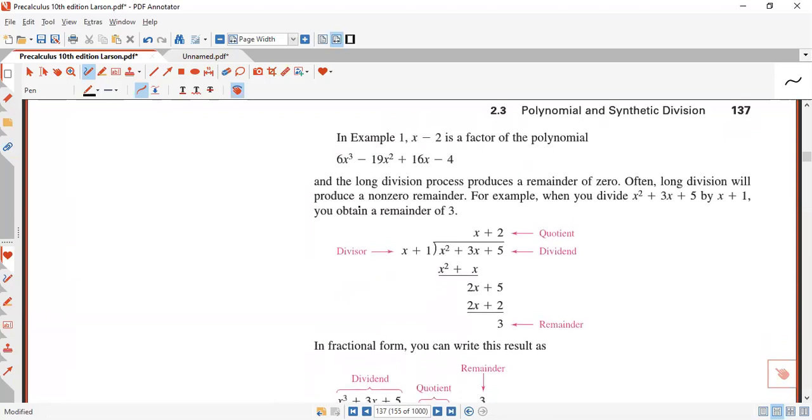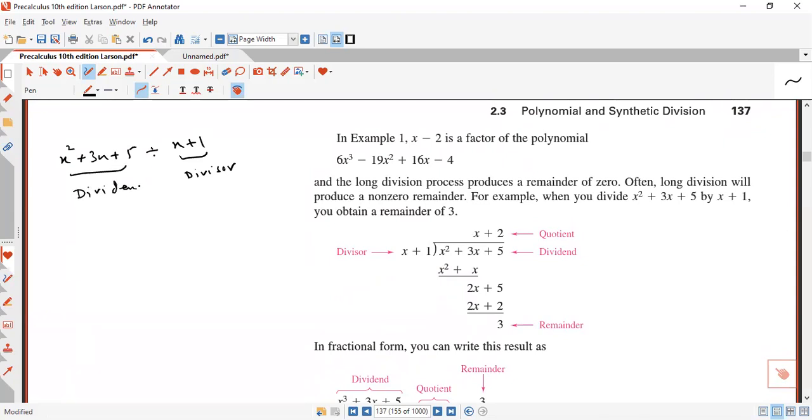So in general, if I divide the polynomial x cube plus 3x plus 5 by x plus 1, then this x plus 1 is known as the divisor, and this polynomial is known as the dividend.